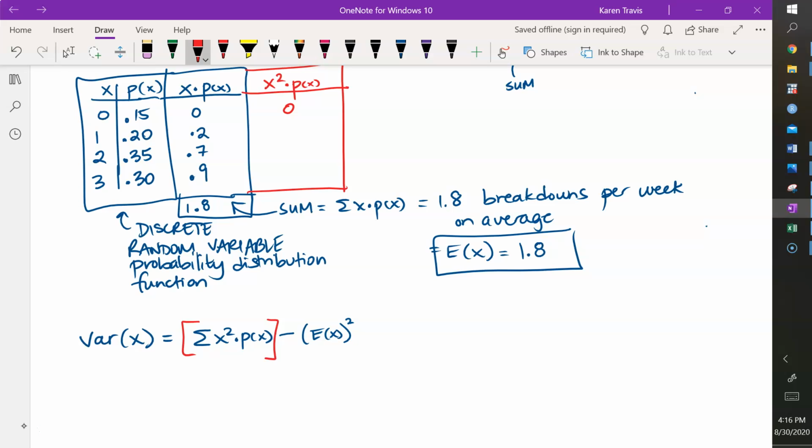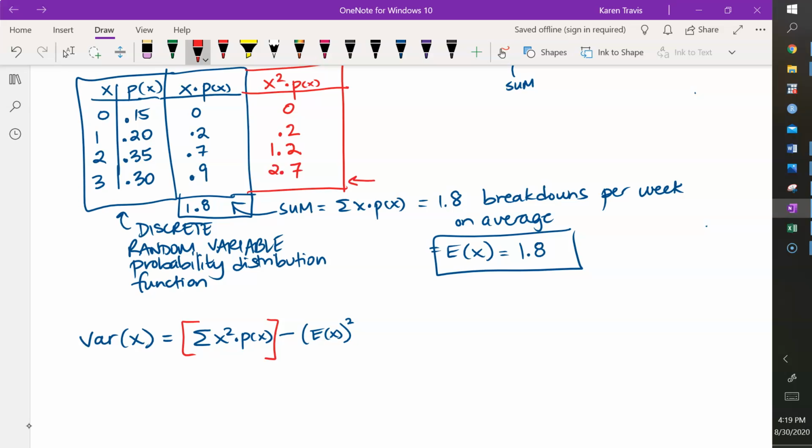So we have 1 times 0.2. 2 squared is 4. So 4 times 1.4 is going to give us 1.4, and 3 squared times 0.3 gives us 2.7.